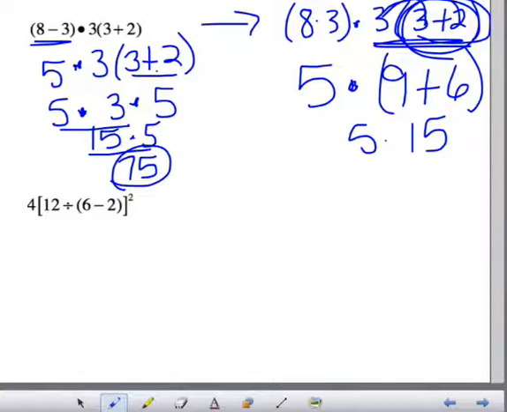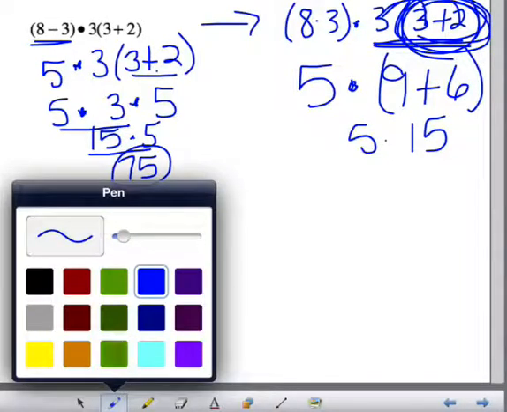All right, but don't make it harder. More steps for yourself are more likely to make a careless mistake. If there's a variable in there, yes, you've got to do the distributive property, but if you can solve what's in the parentheses, then do it. Make it easier for you. Okay, look at the next example.